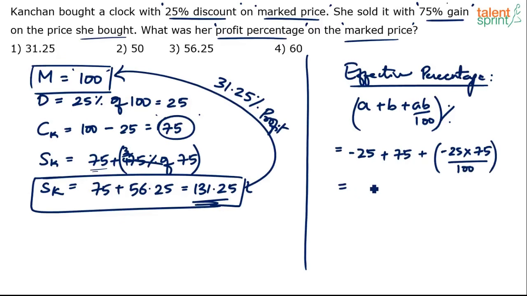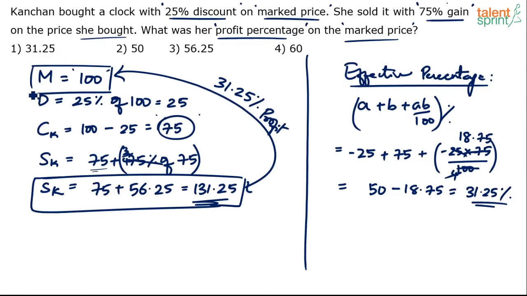Simplify this, what happens? We will get 50 minus 75 by 4. 75 by 4 is 18.75. 50 minus 18.75 will be 31.25%. So your final answer to this question, which is the profit percentage with respect to marked price.